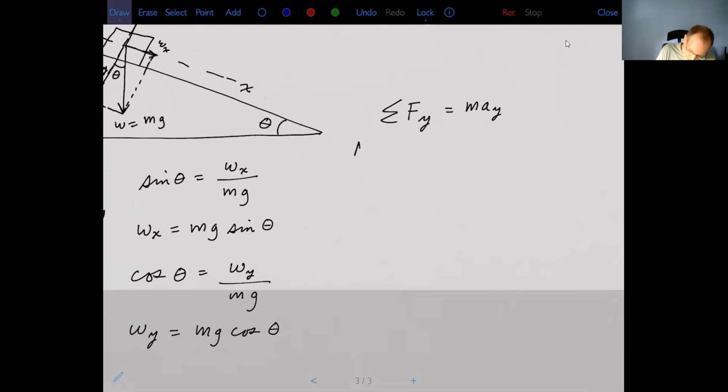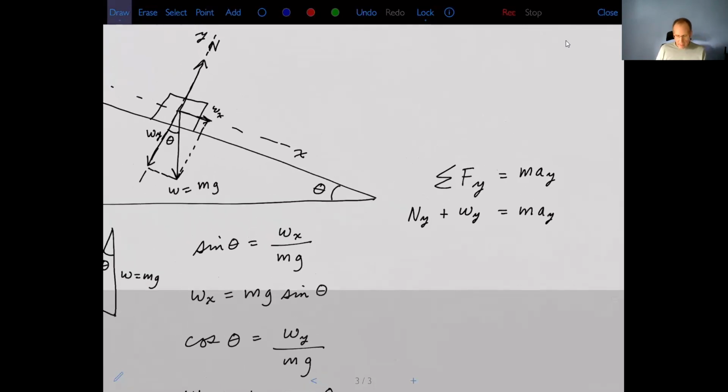So I want the y component of the normal force plus the y component of the weight. That's got to equal ma(y). But if you look back at the picture, how much of the normal force is acting in the y direction? All of it, right? In fact, if I'm being careful, this is a vector, and this is a vector. So the y component of the normal force is all of n.